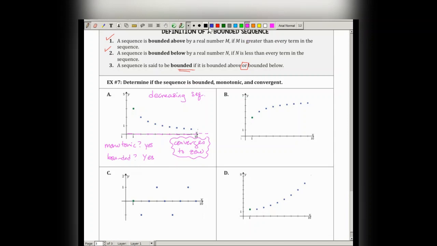All right, what about B? Is it decreasing or increasing? Of course, we can see that it's increasing, but it's also bounded. It's bounded by, I think this is a 6 here. Yeah, 2, 3, 4, yeah.